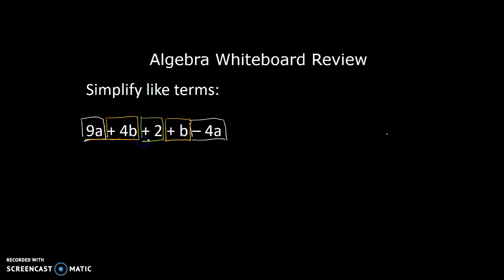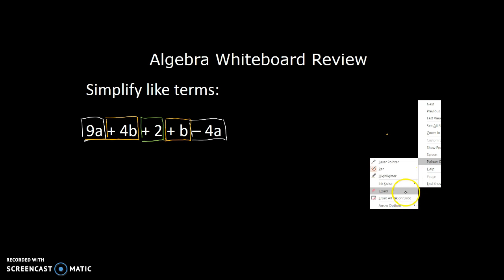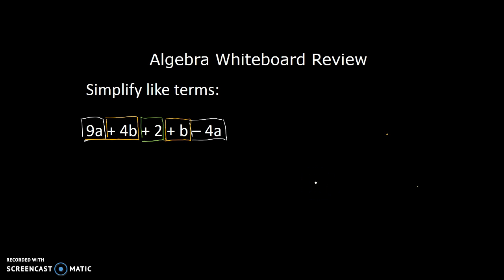Okay, now I'm going to rearrange these so that my like terms are next to each other. It'll make it easier to solve. So let's start with the a's since they come first anyway. So I've got 9a. Okay, did that one. And now I'm going to say minus 4a. Okay, that's all my a's. Now let's move on to the b's.